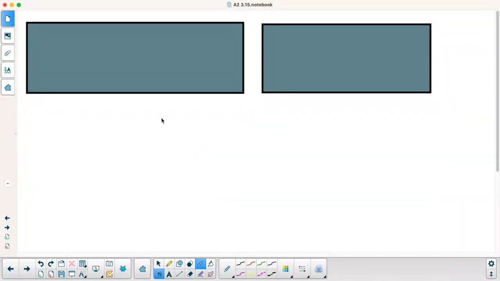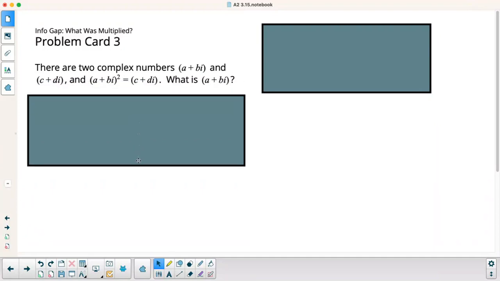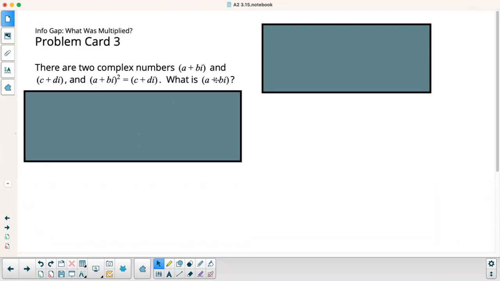All right, on to the third one. All right, a little different. A plus bi, c plus di, and a plus bi squared equals c plus di. What is a plus bi?